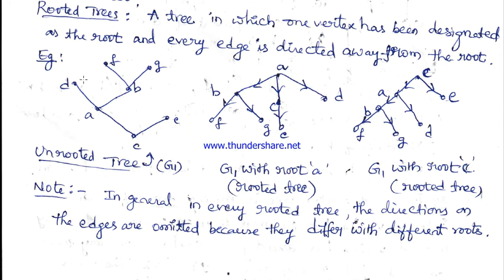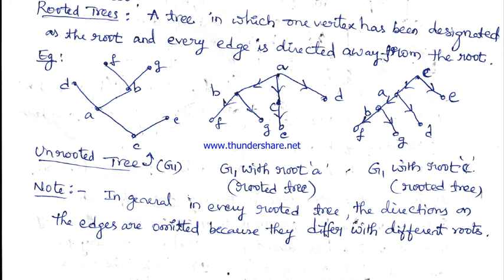Suppose for this graph given, we choose A to be the root. And away from this root, every edge is directed away. Then with root vertex as A, this form a rooted tree. Suppose we choose C to be the root vertex. Then the corresponding rooted tree will be like this.